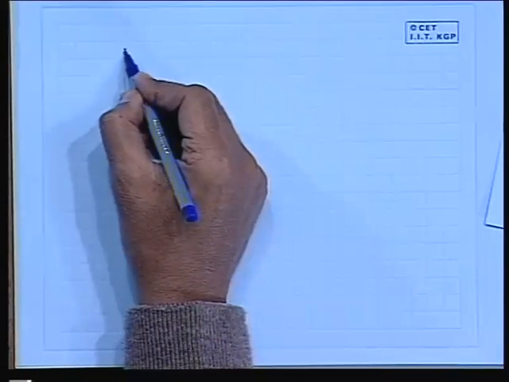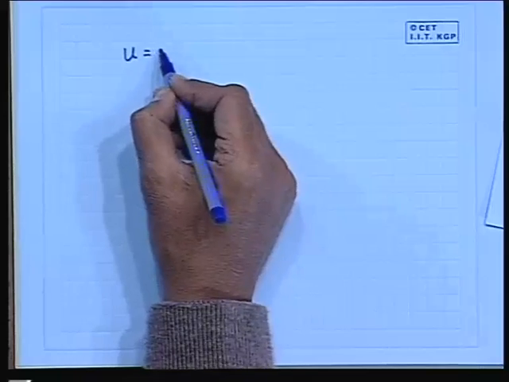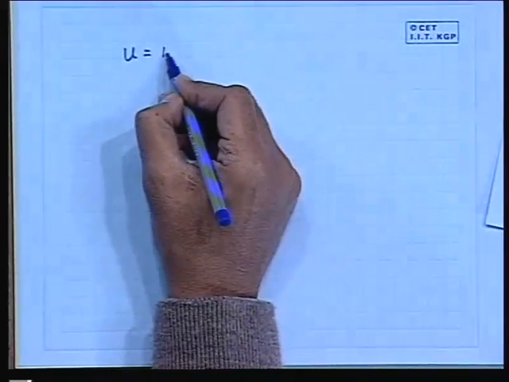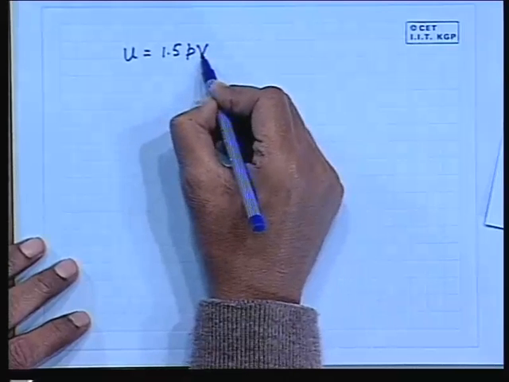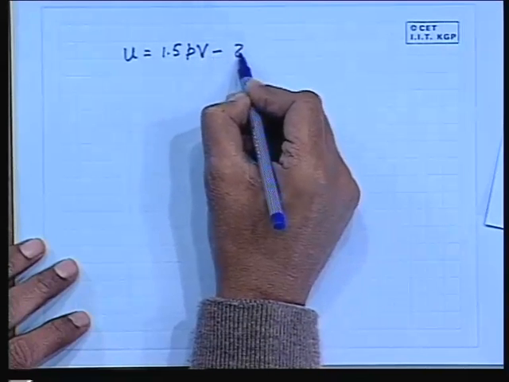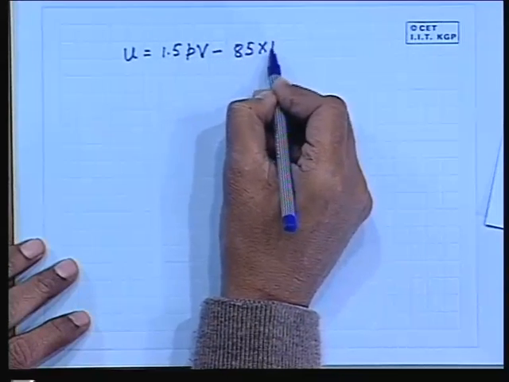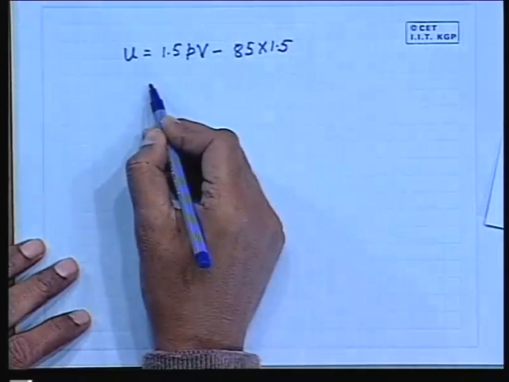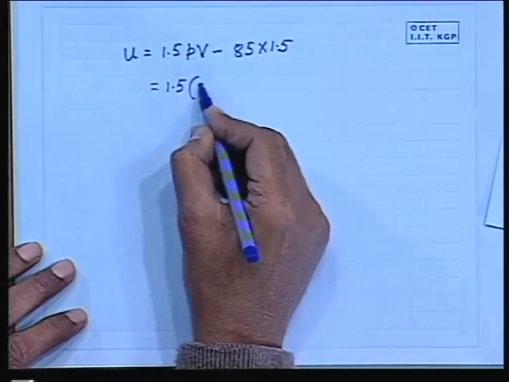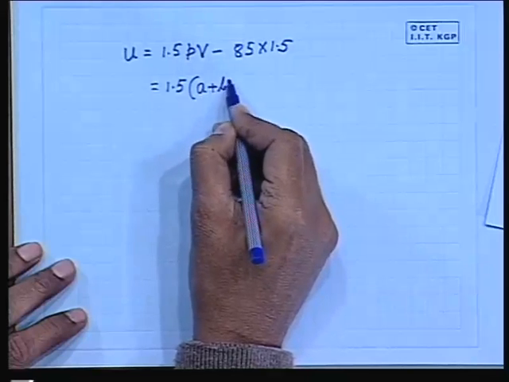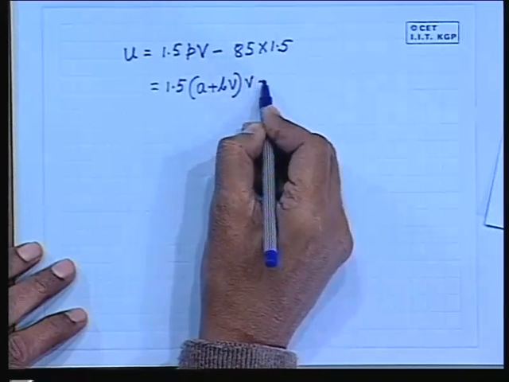First you write U. U is equal to 1.5 PV minus 85 into 1.5. So you express this in one variable. That means P is A plus BV, into V minus this thing.